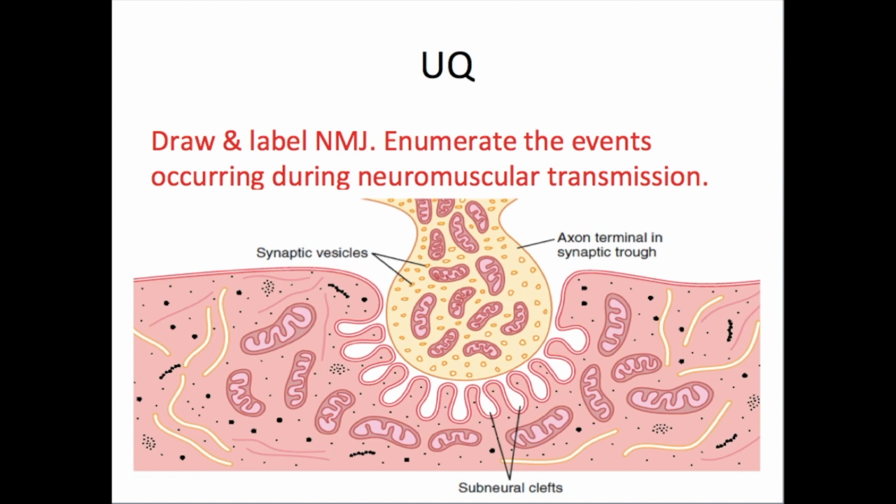You should know what a motor end plate is, then acetylcholine, its formation, transport, and release. These are important topics. You must also know what is end plate potential, and in the end, I am going to tell you about the drugs which affect neuromuscular transmission and a condition which is called myasthenia gravis.